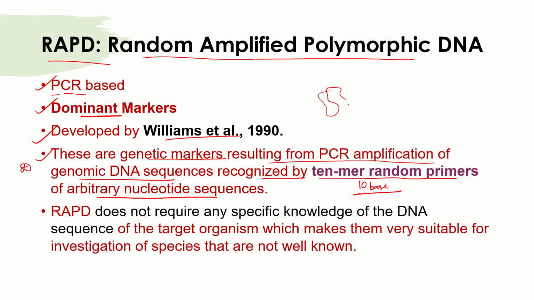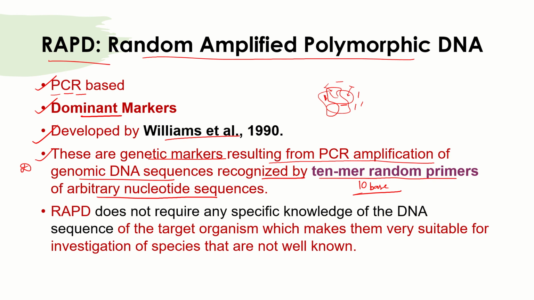So basically this is a genetic marker which works on crude DNA. Let's suppose you have crude DNA. You have no idea about its sequence. You don't know anything about the DNA or the gene sequence of this DNA. And in that medium, you are going to add 10 base pair long primers. They are defined primers. You know their sequence. Now, wherever in the genome they find their complementary sequence, they will bind there.